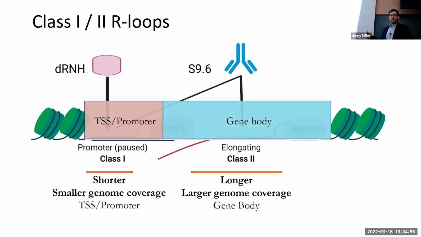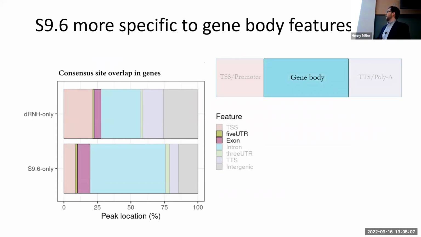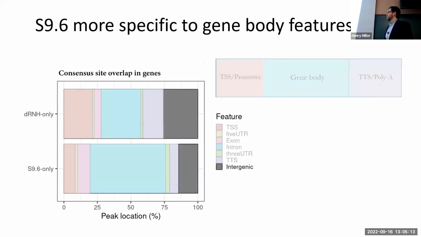Okay, so in doing a transcript feature overlap analysis, we see here the transcription start site, and then the gene body features: 5' UTR, exon, intron, 3' UTR, and transcription termination site, along with intergenic regions. Those are regions that don't overlap with any genic features.